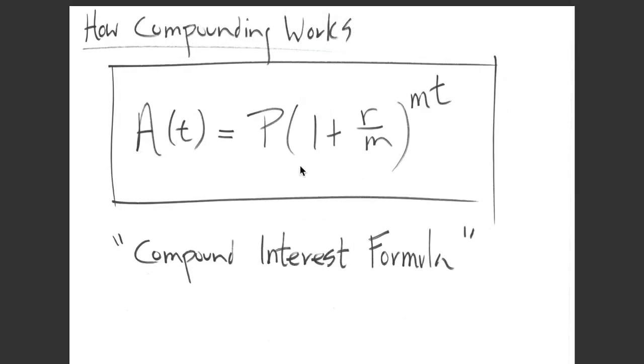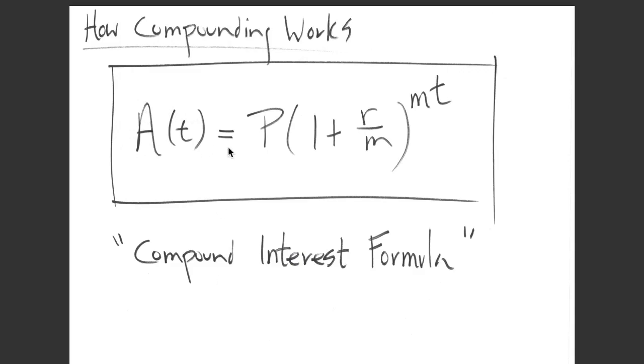And so basically all you see is that this used to be the k in the previous slide. k is equal to m times t though, and so I've just made that replacement. So the amount accumulated after t years is P times the quantity 1 plus r over m raised to the m times t. This is what's called the compound interest formula.